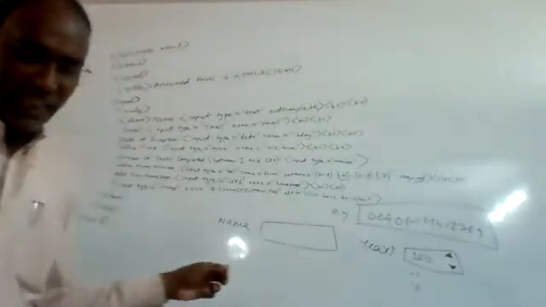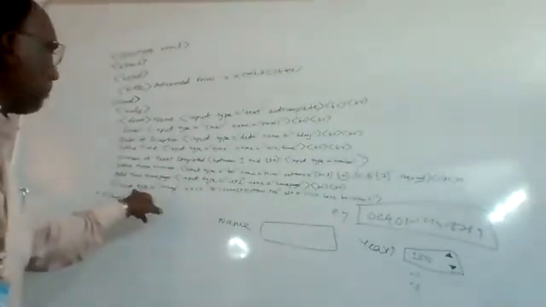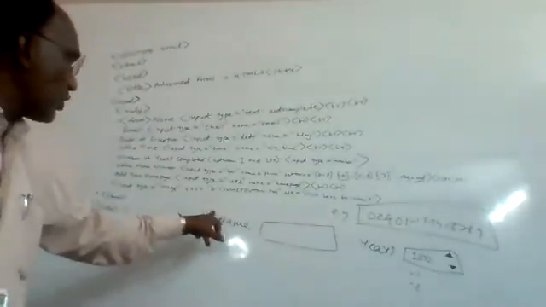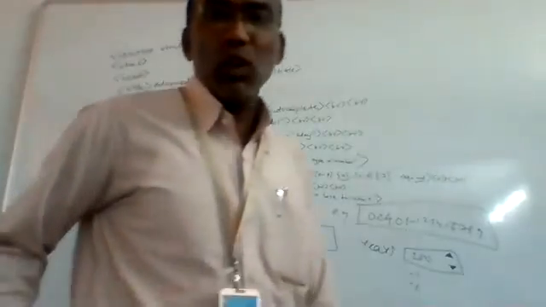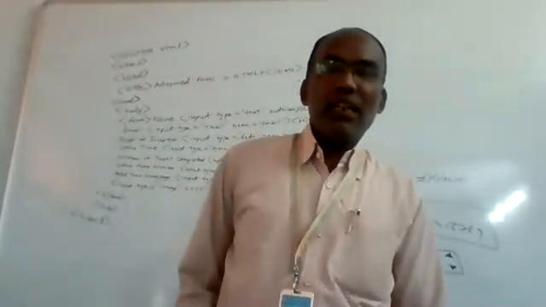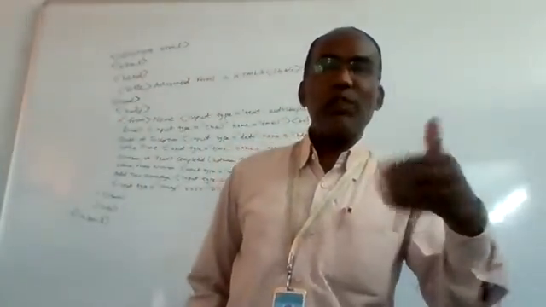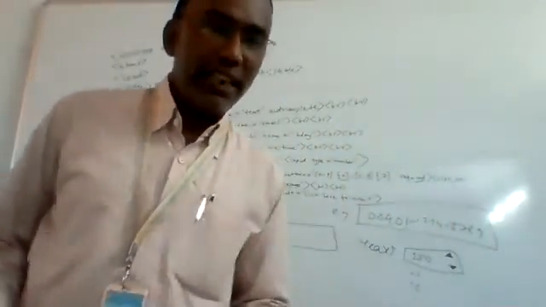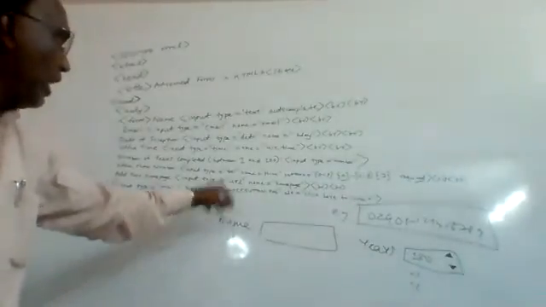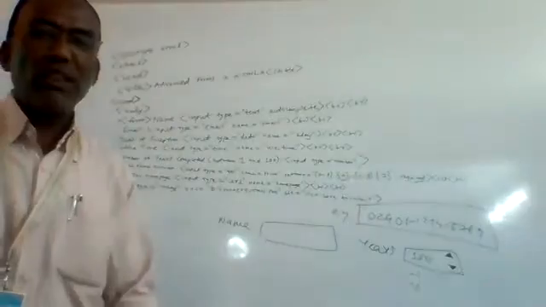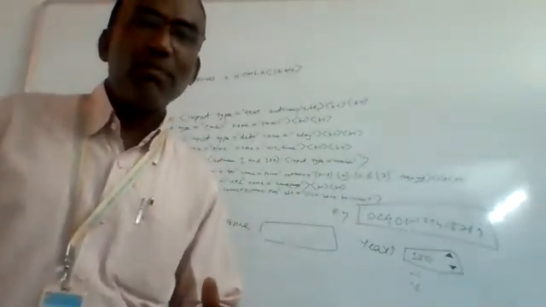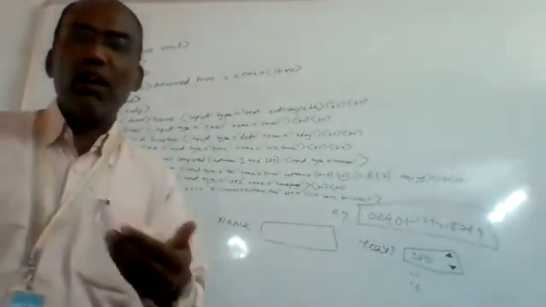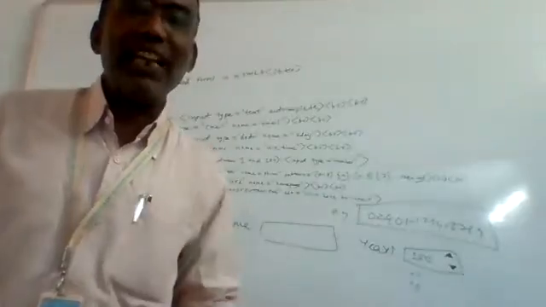Next, it will display in the output. Input type is equal to image. In place of a button, we are using an image here. The source is the image source, /submitbutton.png. Whatever file we want, we can apply the location or path of that image.